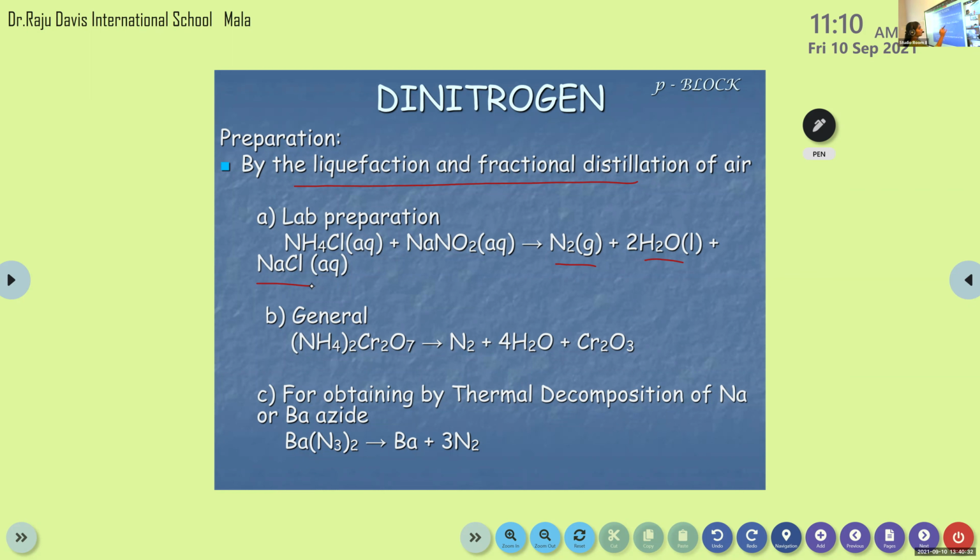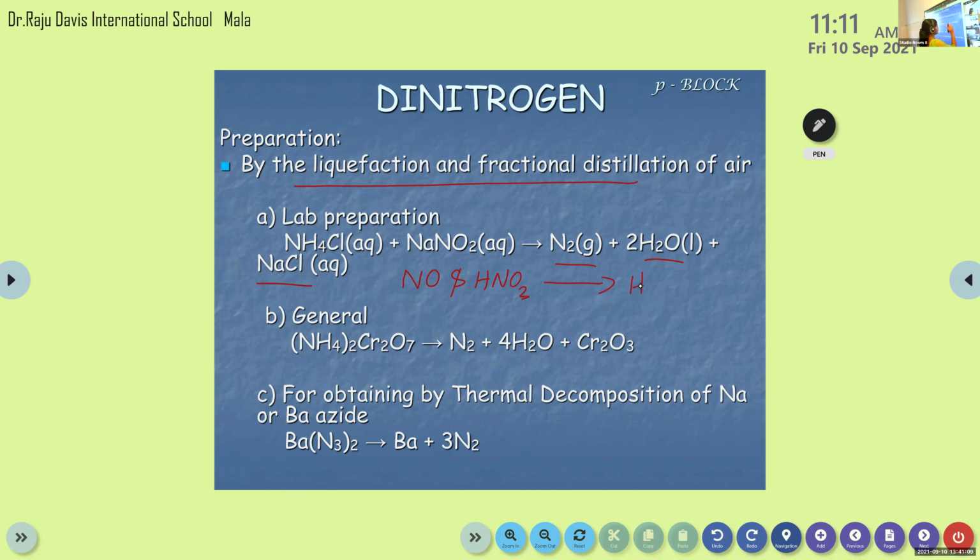In this method, along with nitrogen, water, and sodium chloride, some amount of NO and HNO3 are also formed. We remove these impurities by passing the gases through aqueous sulfuric acid containing potassium dichromate.